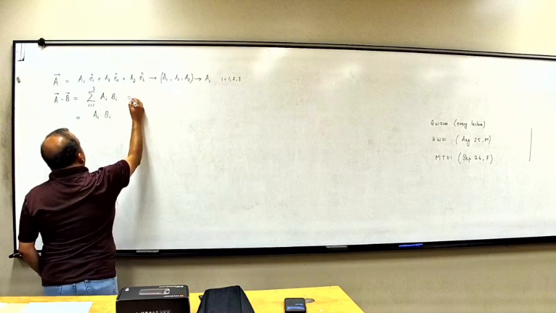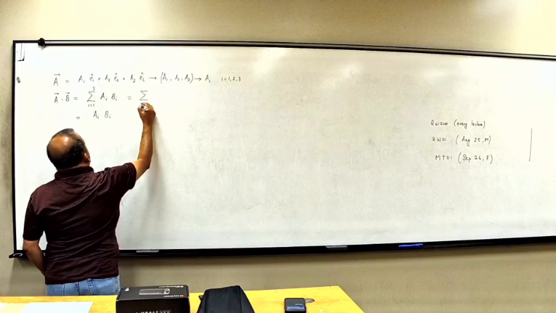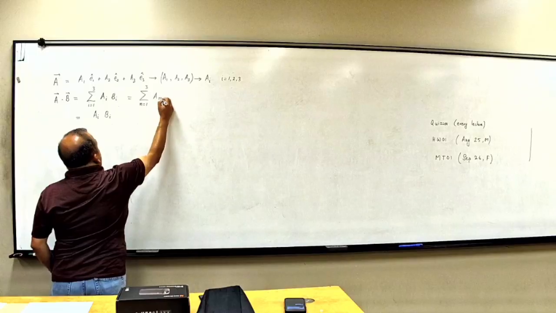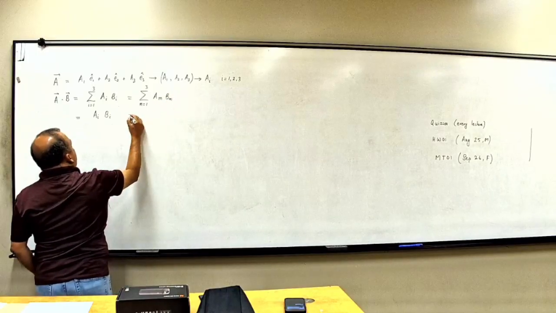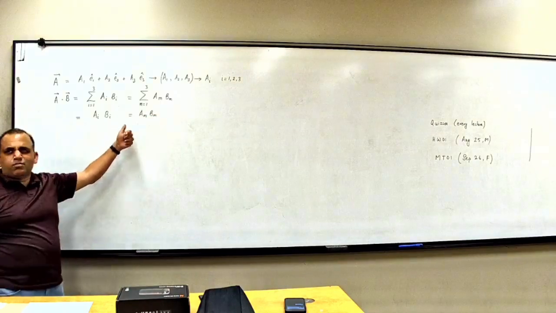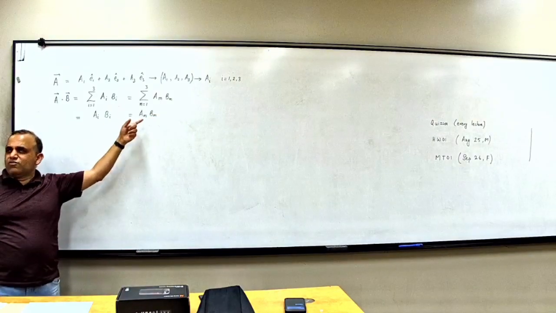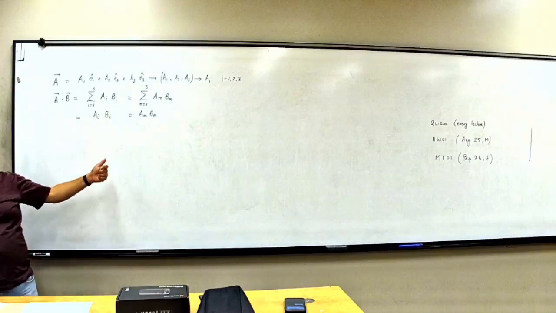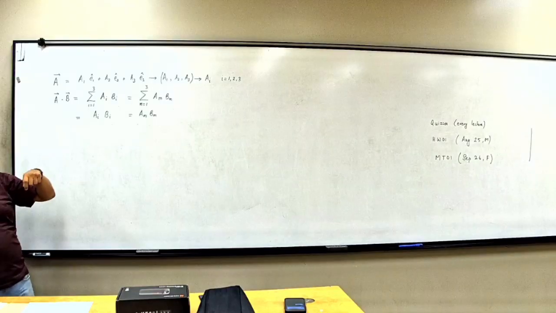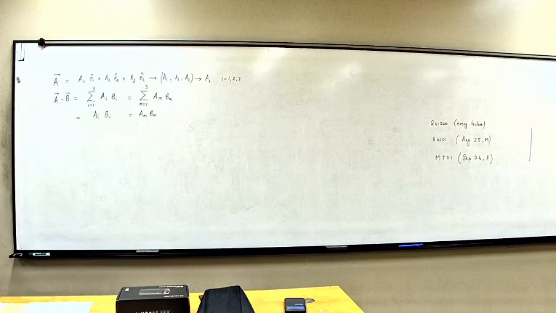You could have also written this as a summation over m, Am Bm. Since it does not depend on what I call this repeated variable, that's called a dummy variable, right? Because I could have used i, j, m. If there was only one appearing, then whatever is on the left hand side has to match the right hand side. If you replace the left hand side, then you have to replace the right hand side also. So that's called a free index.